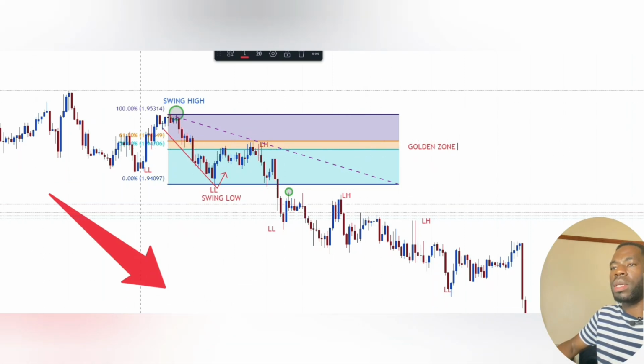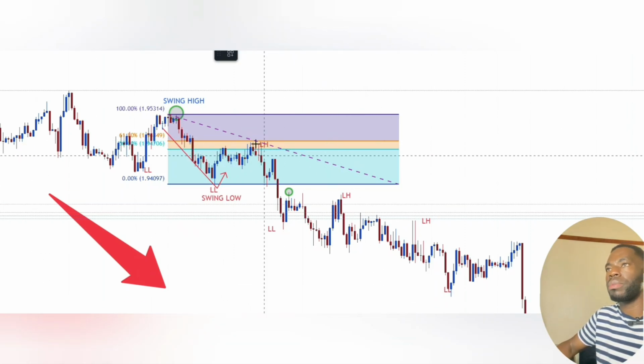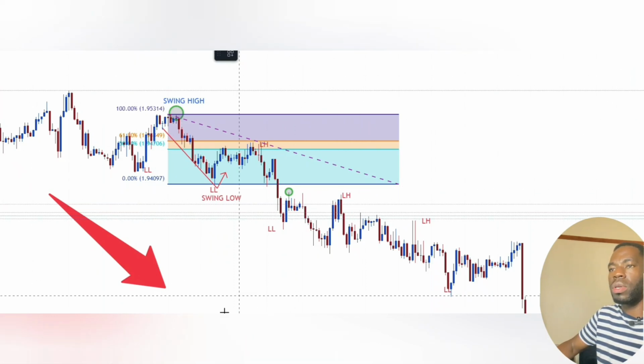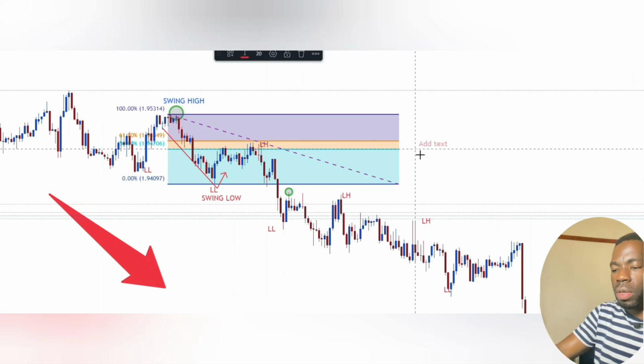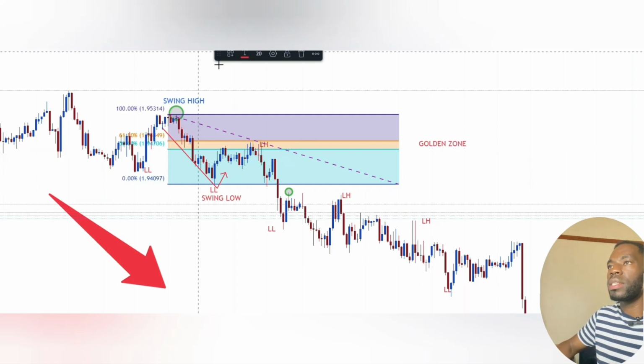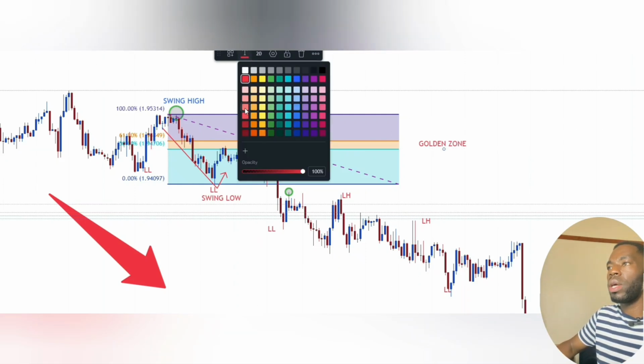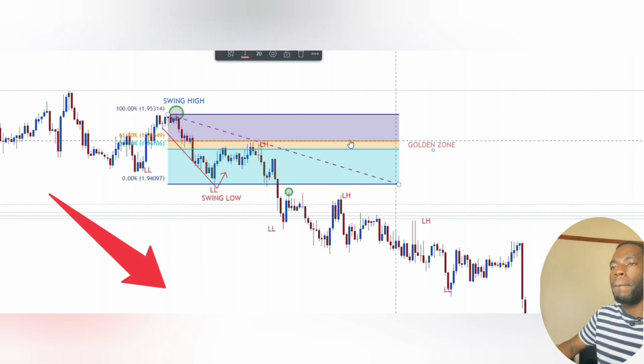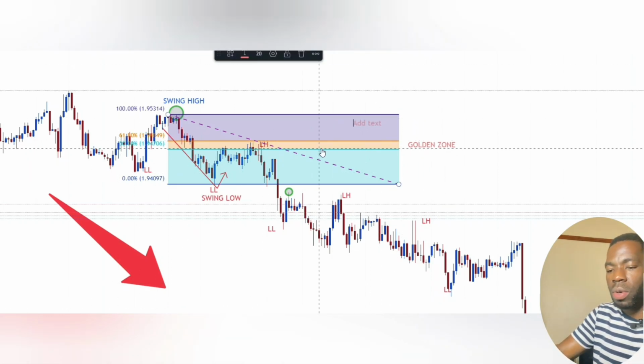This is our premium. This is our golden zone between the 50 and the 61.8 Fibonacci level, and this is our premium zone.